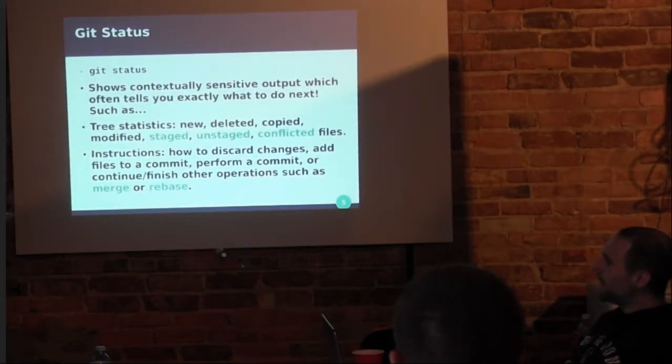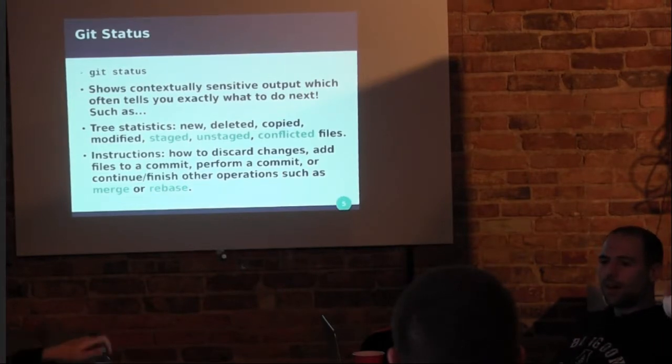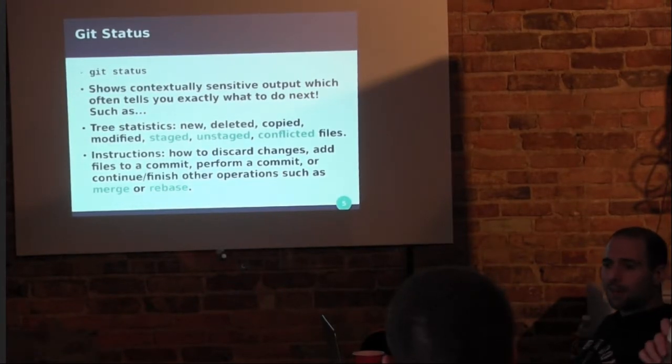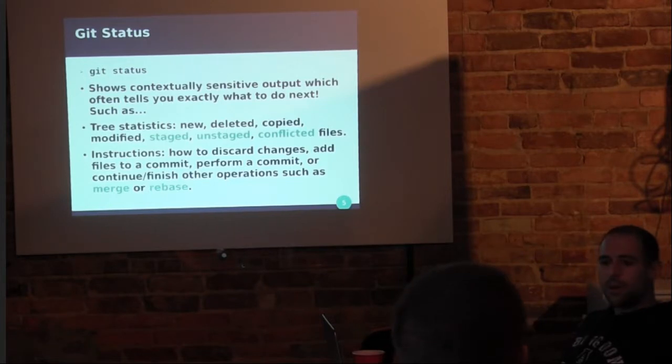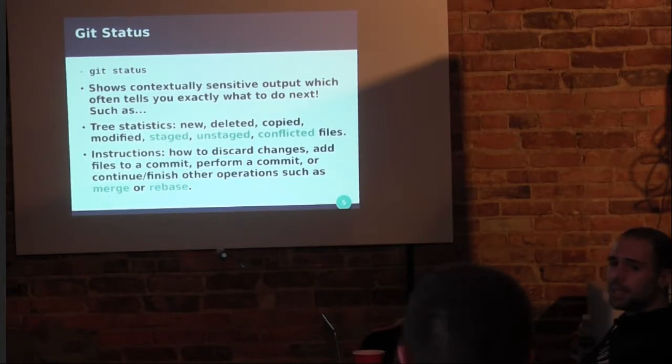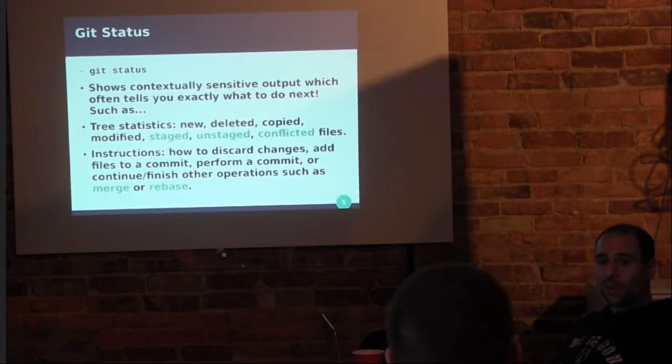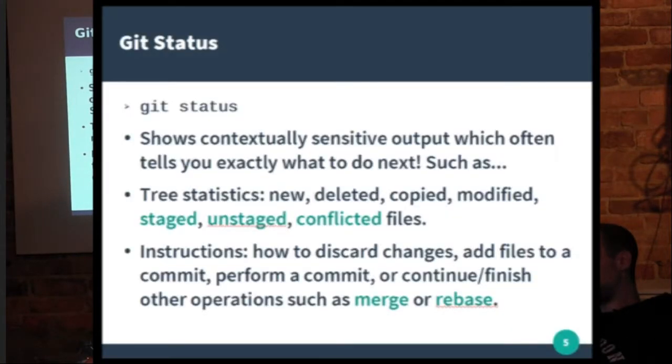So it'll show you things like a list of all the files that are new, deleted, copied, modified, or if you're doing a merge or a rebase operation, which we'll barely touch on in this, but when you're doing that, it'll show you instructions on how to continue or finish those operations if you get stuck, or how to fix a commit, or it'll give you a list of all the files that are committed and tell you how to fix them, what to do after you've fixed them, that sort of thing.